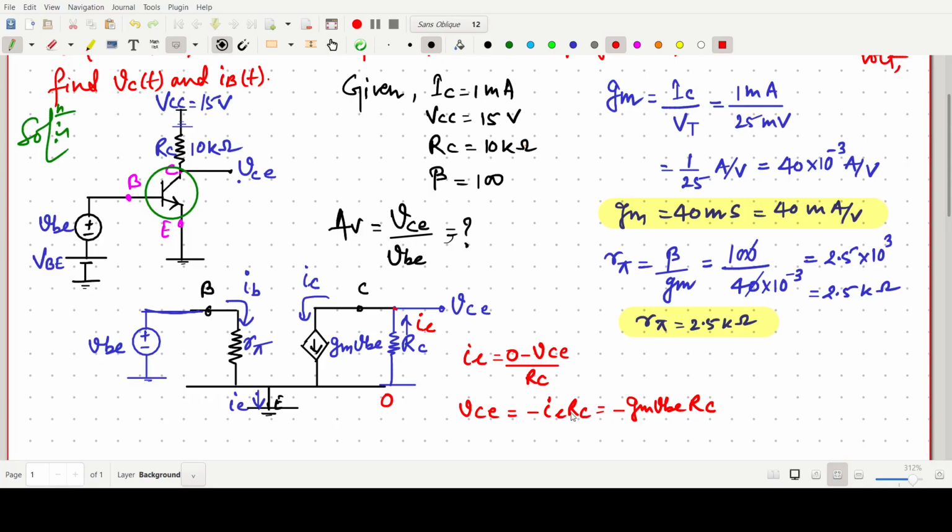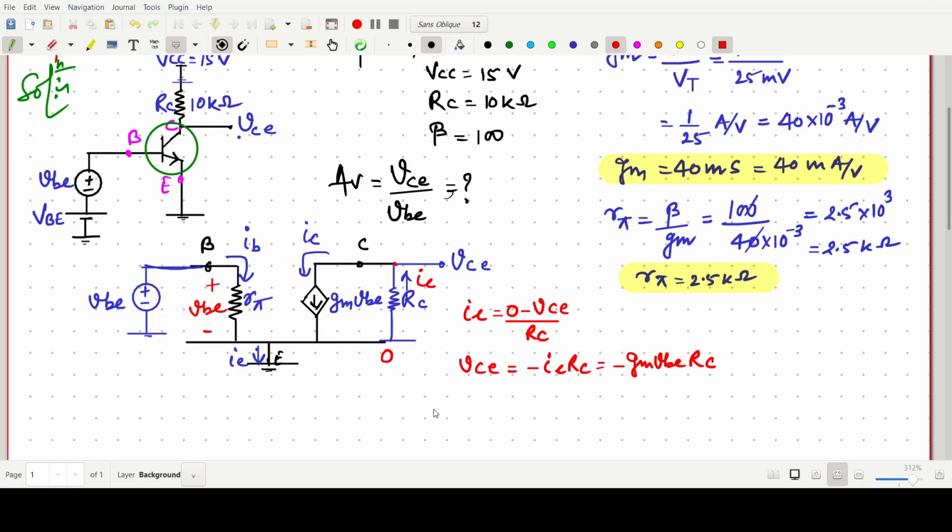Now this voltage here is our VBE. So we can easily find the gain, that is VCE by VBE equals minus gm RC. We have already solved this concept, but here I am doing it directly: minus gm RC.